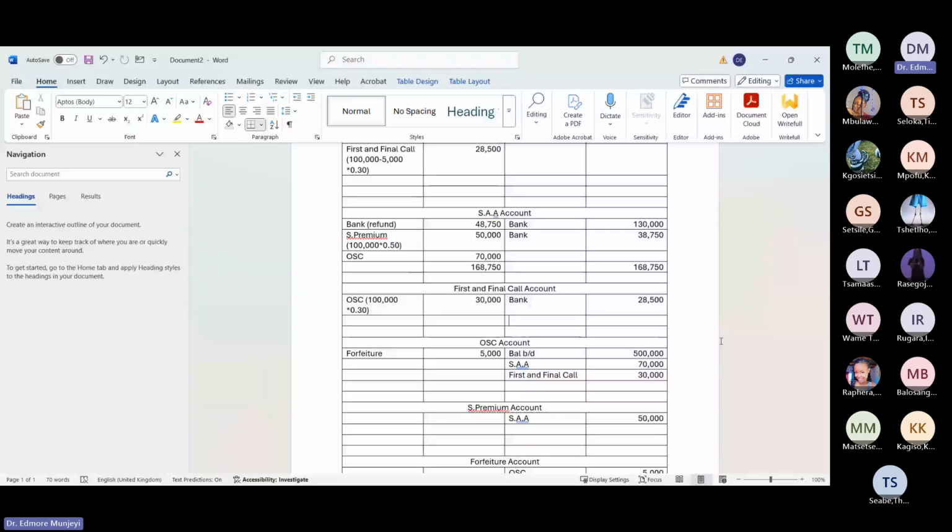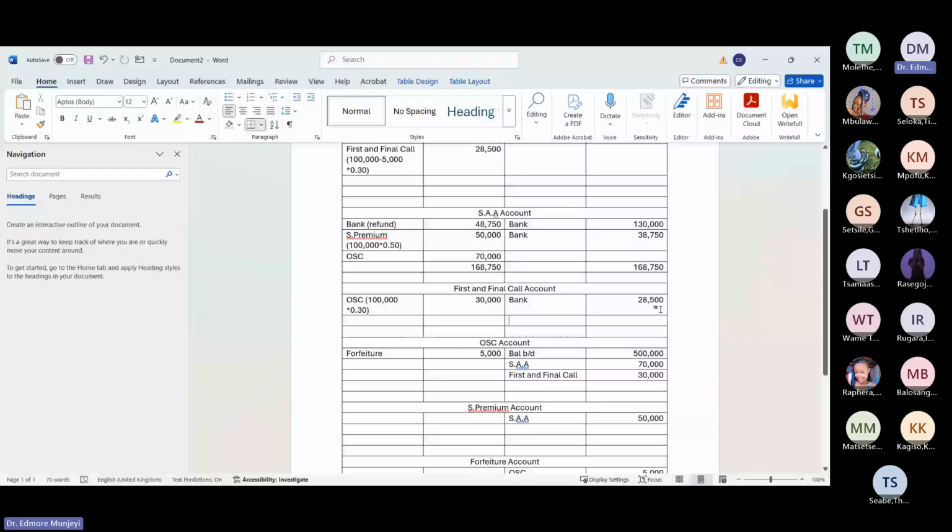But the mistake in his presentation was that he said on the debit side we have to debit by 30,000 OSC. That is not the truth. The truth is you are supposed to finish with the credit side first. Then it is the balancing figure that will assist you to close this account.